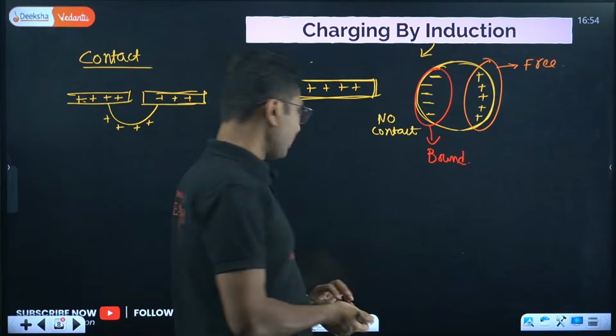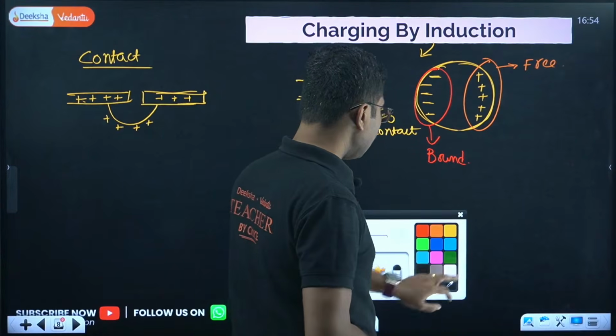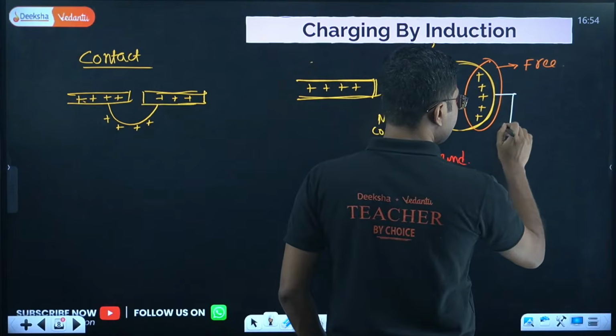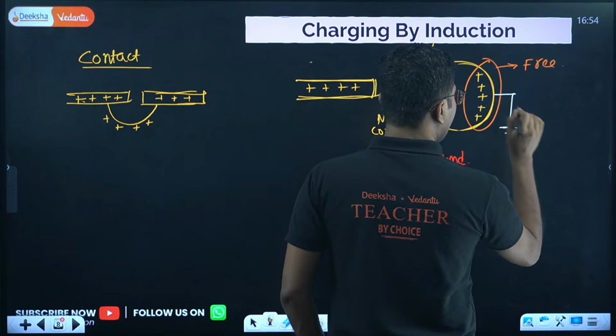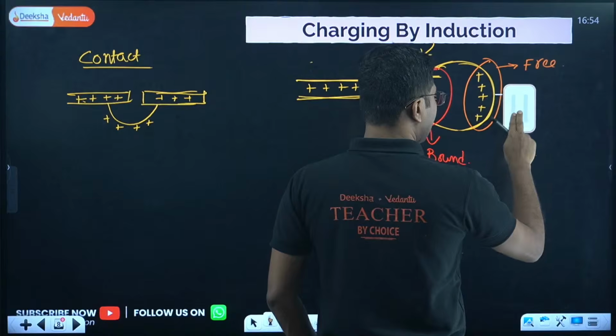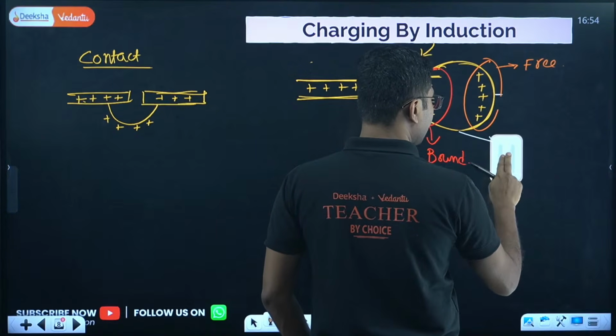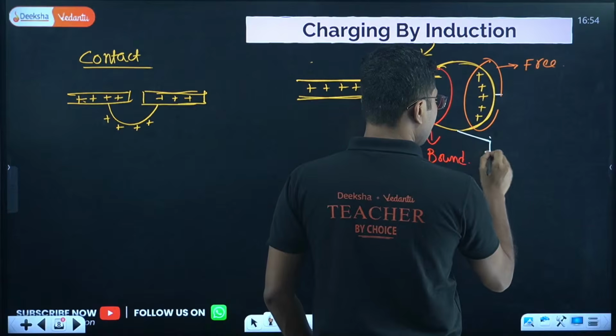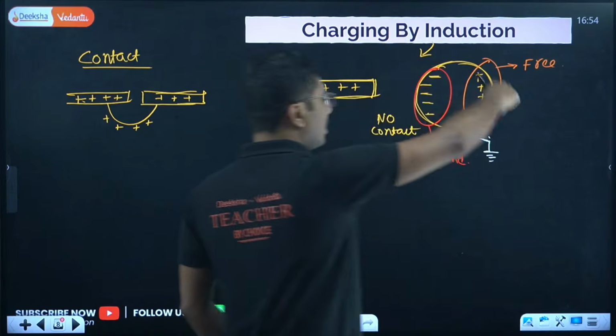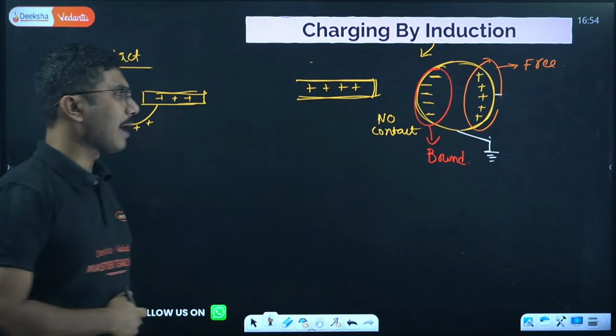Now if you do a very simple thing, that you ground this object. You can ground it anywhere, it does not matter. Suppose I am grounding on this side. If you ground this conducting object, what happens?